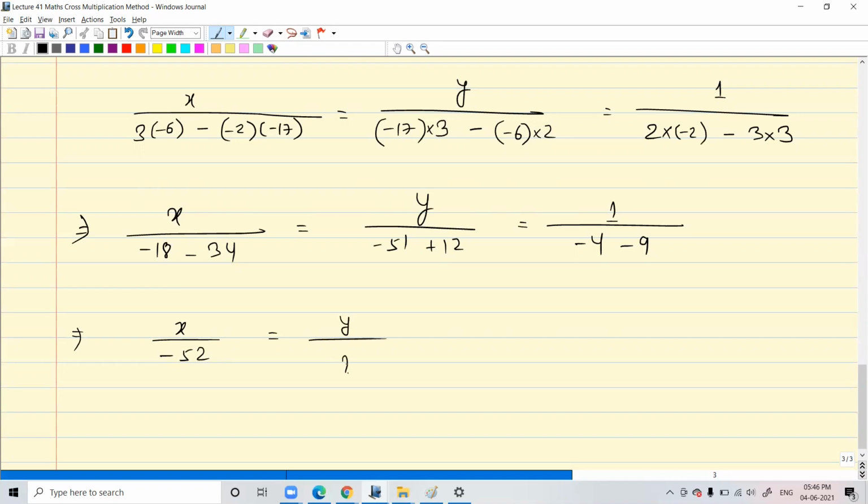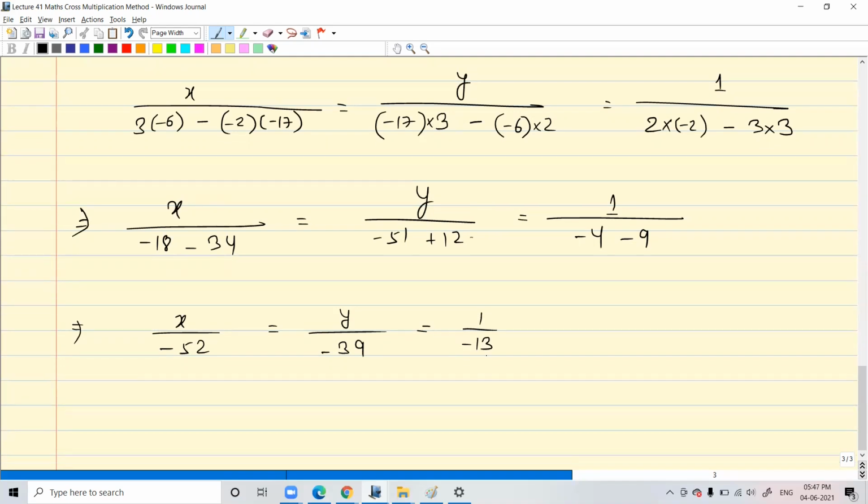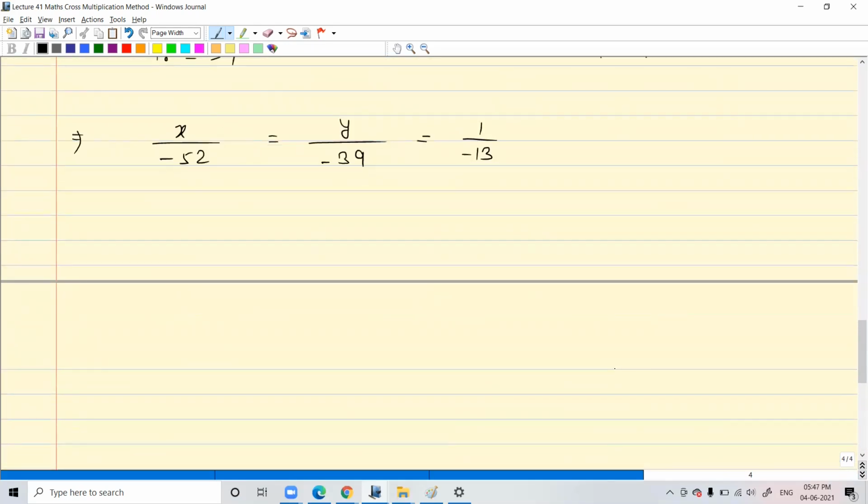And this one, this one, y minus 39. Okay, and the last one, okay. Now, once everything is simplified, what we can do, we can find the value of x and y.